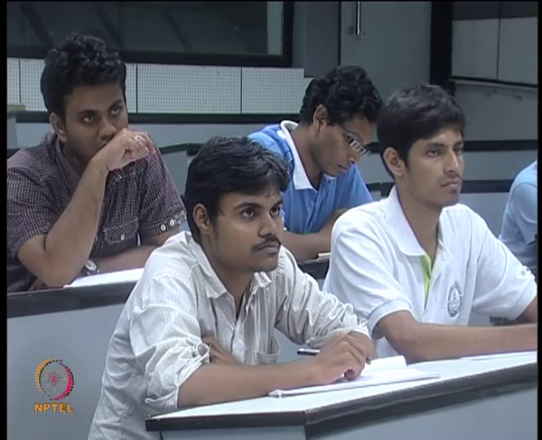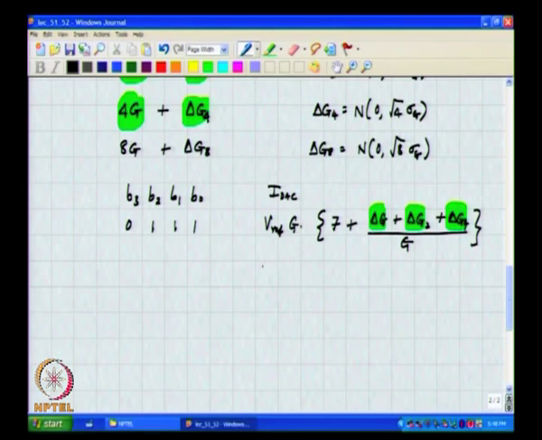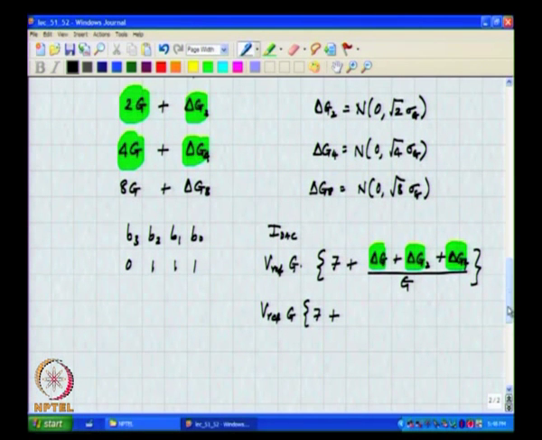Okay. So, therefore, the DAC current will be Vref times G times 7 plus a random quantity which is 0 mean, and can you comment on its variance? You do square root of its sigma G by G times square root of 1 plus 2 plus 4. Okay.